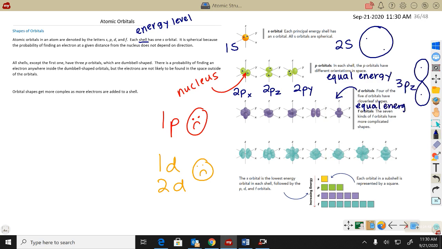Cool. And they can hold 2 electrons. And so somewhere in these 4 lobes there would be 2 electrons. They could be across from each other, maybe they're up on the top, maybe they're on the bottom, maybe they're kitty corner. One of the d orbitals is a little bit funky.